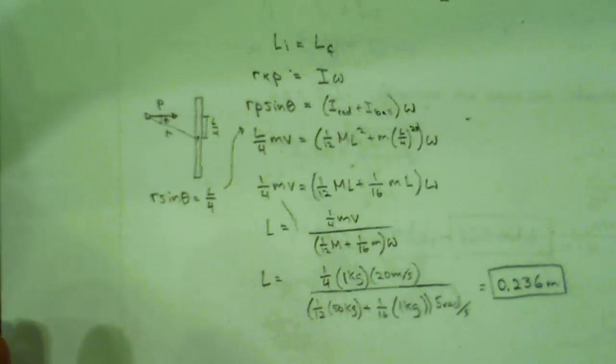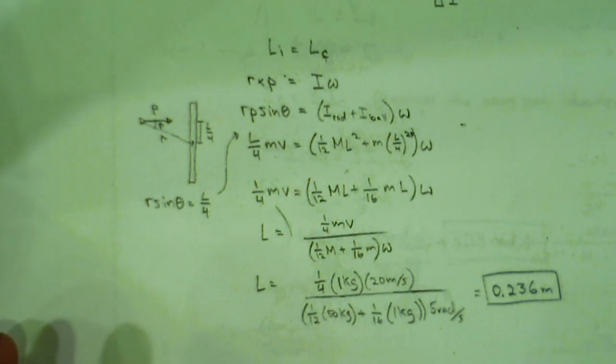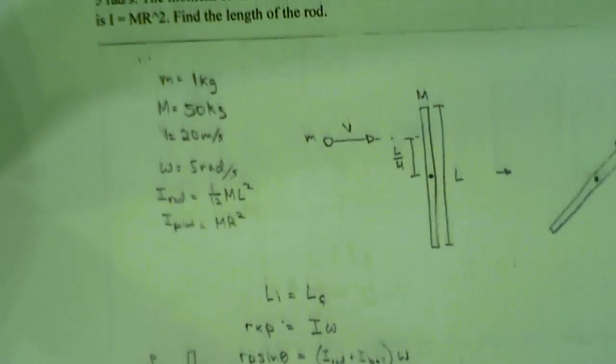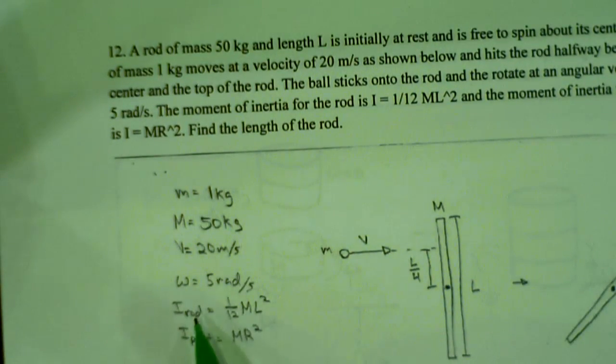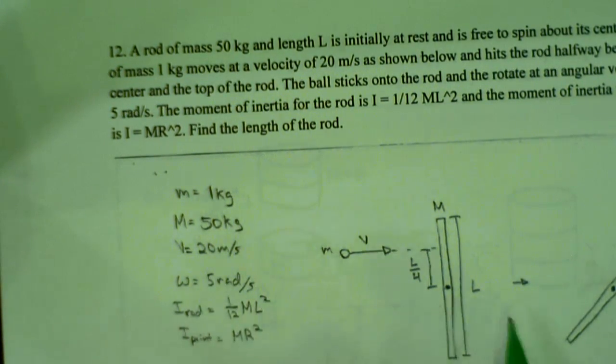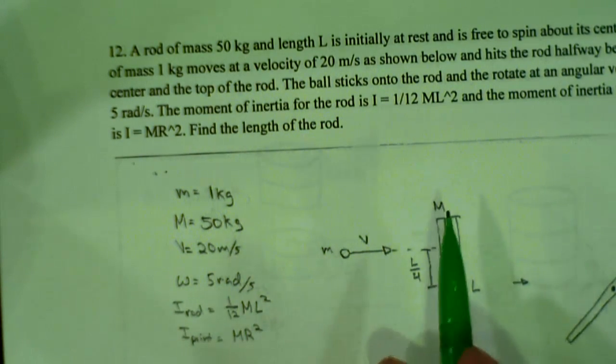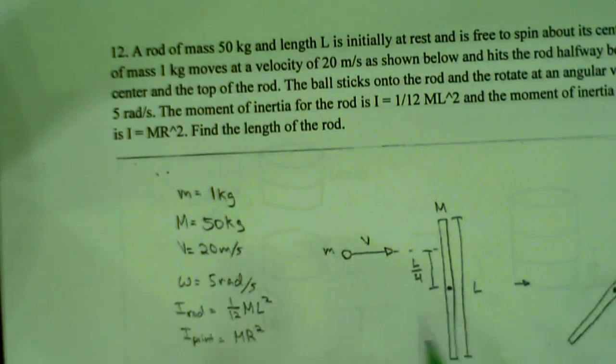Can you explain again how you got the different radii? Okay, so this moment of inertia for the rod is the moment of inertia for a rod that's spinning about its center, so we don't really need to change anything. We just do 1/12 mL squared, where we're given the mass of the rod, and we don't know the length of the rod. That's what we're searching for.